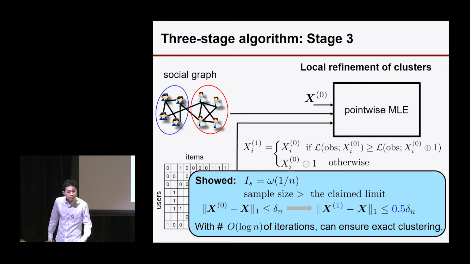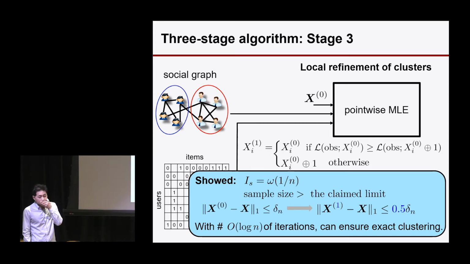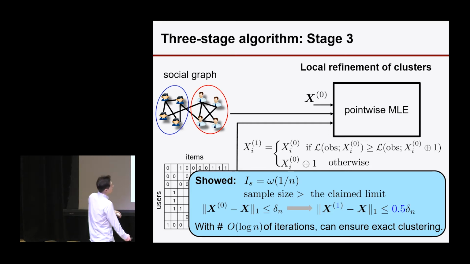Question: what does an iteration consist of? What happens in an iteration? Okay, here is one iteration. In one iteration, we apply this rule for all items. We encompass all the items. We do all the operations for all items. Then that forms one iteration.